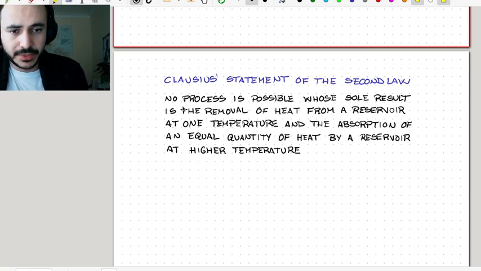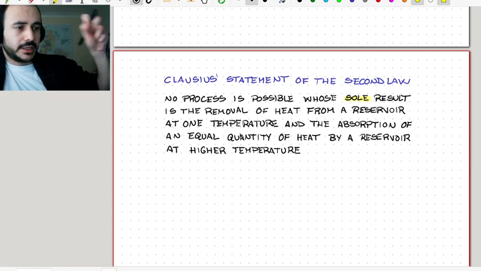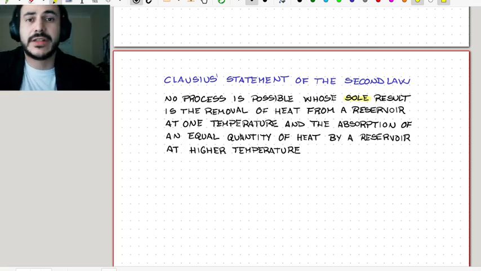Okay, so let's again take in what it says in here. Again, there is this sole result, so we are talking about the cyclic process, and what this cyclic process is doing is taking heat from a reservoir at some temperature and putting all of that heat into a reservoir at a larger temperature.